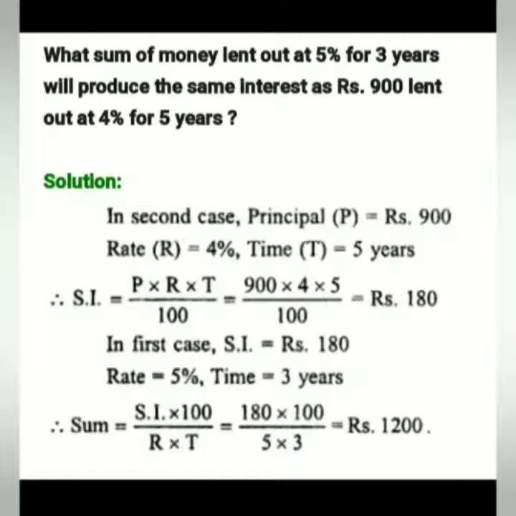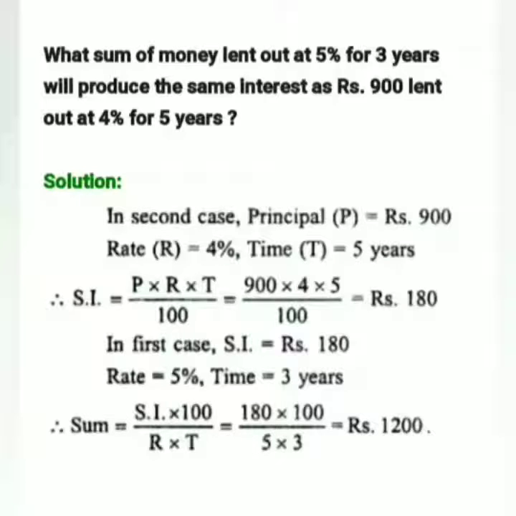Amount of simple interest we will be writing, 180 is equal to P into 5 into 3 upon 100. Then we will be getting the value of principal as rupees 1200. In this question the only twisted part was that first of all we have to calculate the simple interest, then only we can move further to the calculation of the principal.